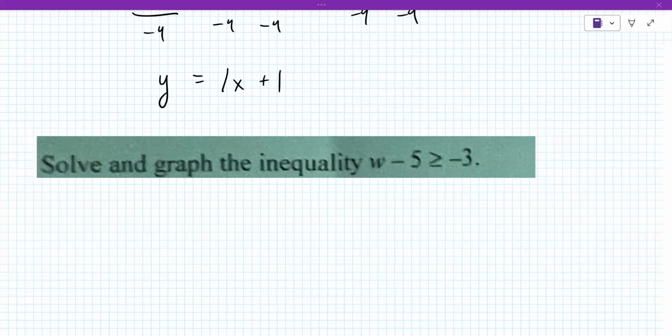So this one, w is greater than or equal to 2.